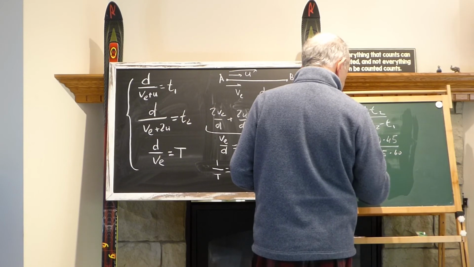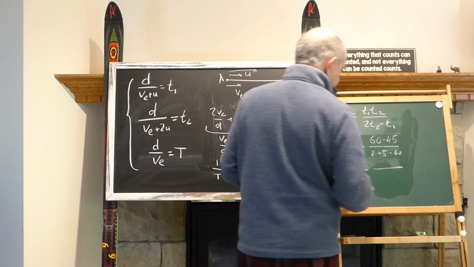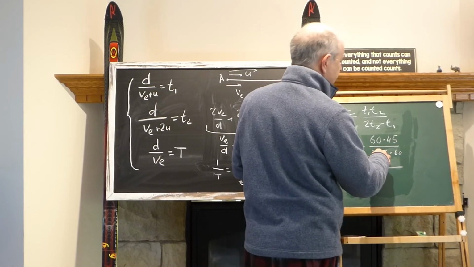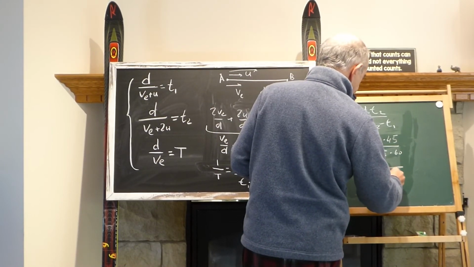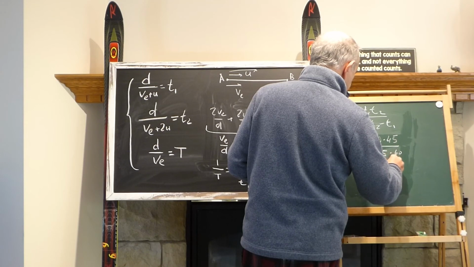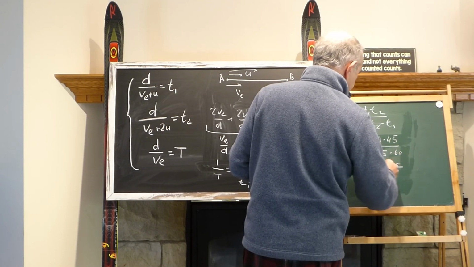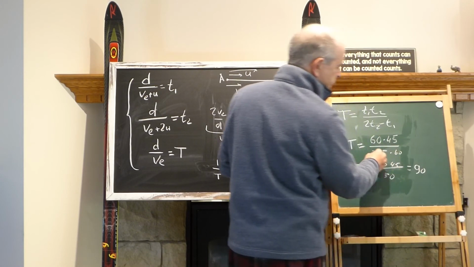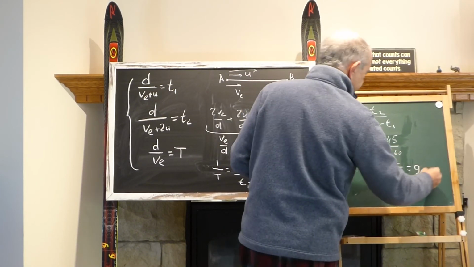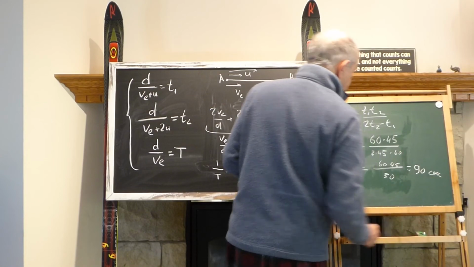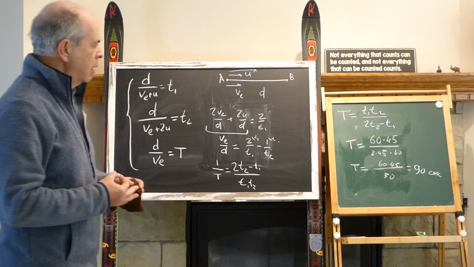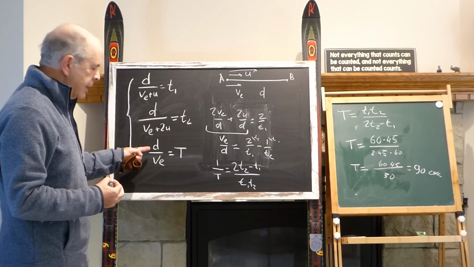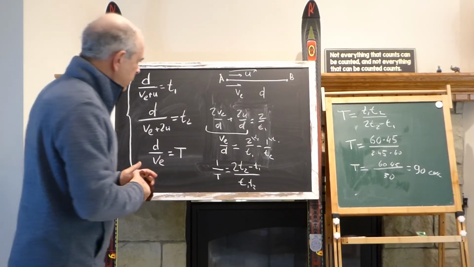And of course you will do it with a calculator, but I am a very poor man, I don't have a calculator. So 2 times 45 is 90, minus 60 is 30, 60 times 45 over 30. 60 over 30 is 2, 2 multiplied by 45, 90 seconds. So 90 seconds is the time when the escalator will bring us down.